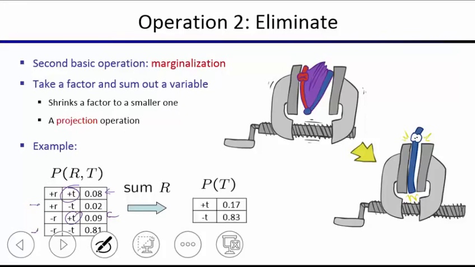So any entry comes from summing together the consistent entries in the table we started from. Whenever we sum out, tables shrink. So from a computational point of view, summing out is in some sense a good thing because now we're left with less to pass around going forward, whereas joining is something where we build up something bigger and bigger and bigger, and we need to be careful about.